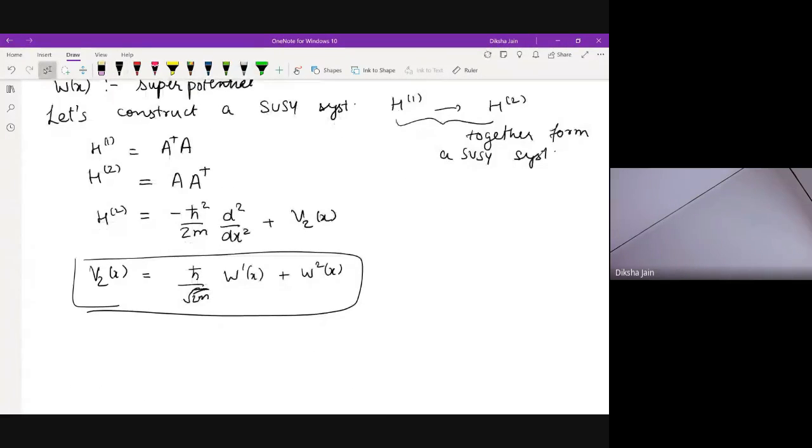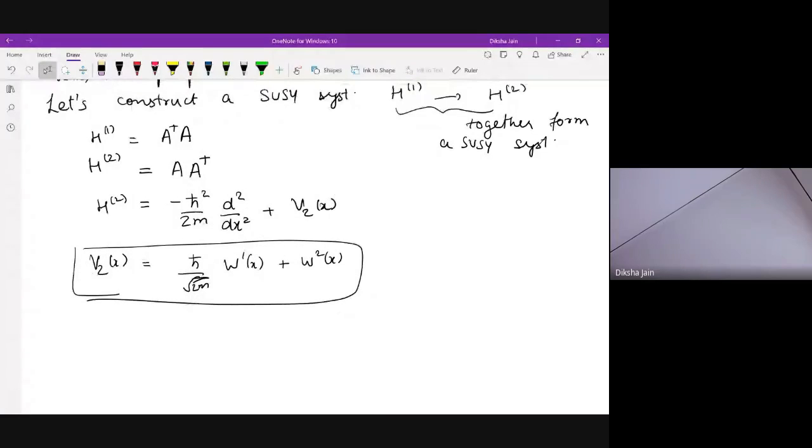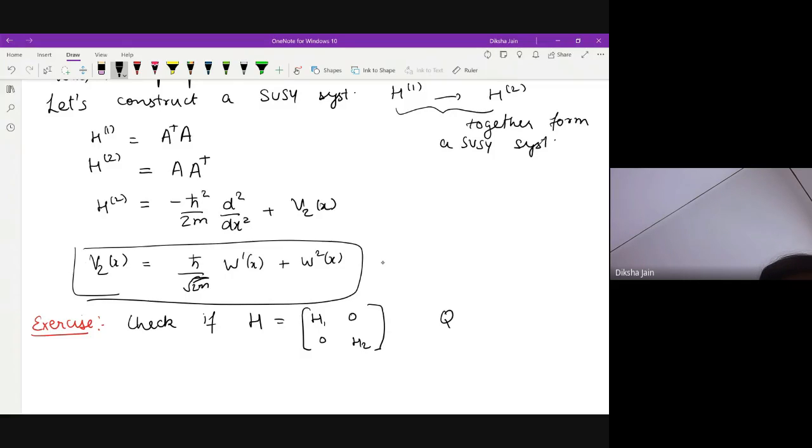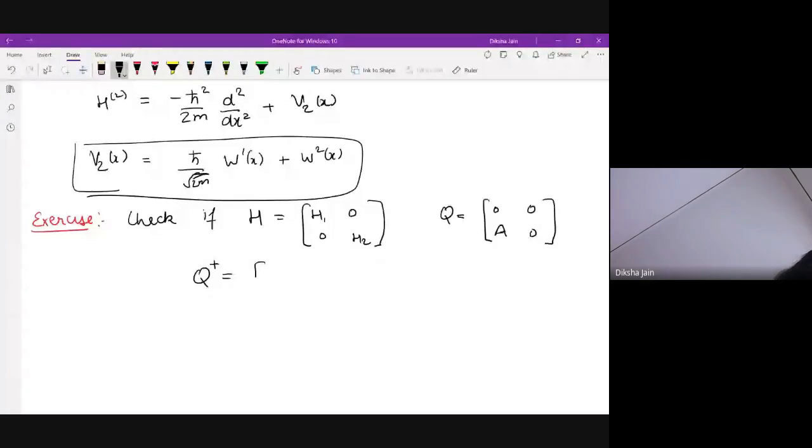So H1 and H2, my claim is that H1 and H2 together form a supersymmetric system. What do you mean by supersymmetric system? I'm giving this as an exercise. So check: if I define H as the matrix with H1 and H2 on the diagonal, and then I define Q as the matrix 0, A, 0, 0, and Q dagger as 0, A dagger, 0, 0, check that this system obeys SUSY algebra.